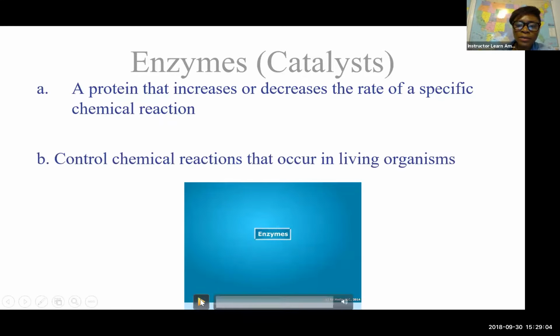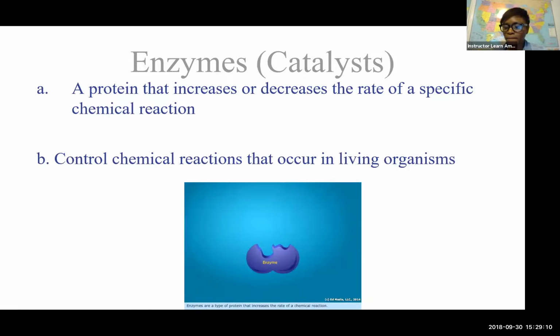Enzymes are a type of protein that increases the rate of a chemical reaction. The compounds on which enzymes act are called substrates. Each enzyme has a special region present on its surface called the active site to which the substrate binds.